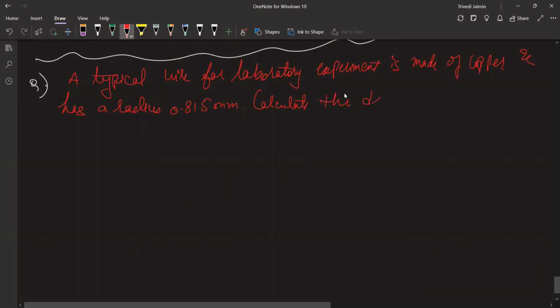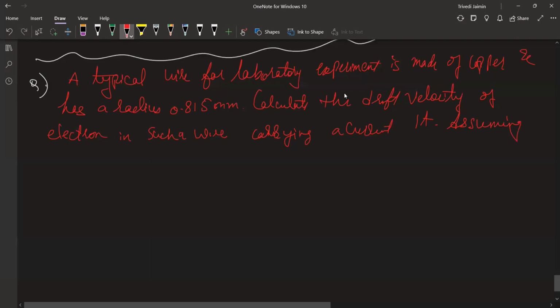Calculate the drift velocity of electron in such a wire carrying a current of 1 ampere, assuming one free electron per atom.